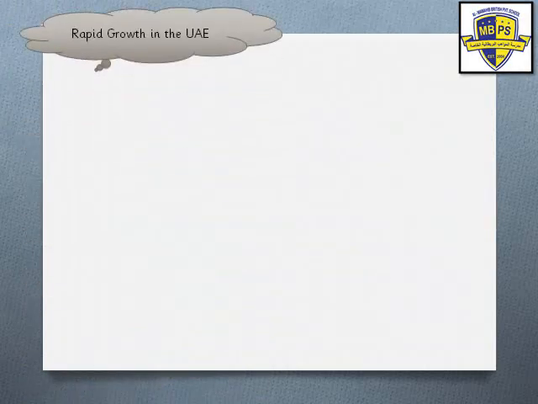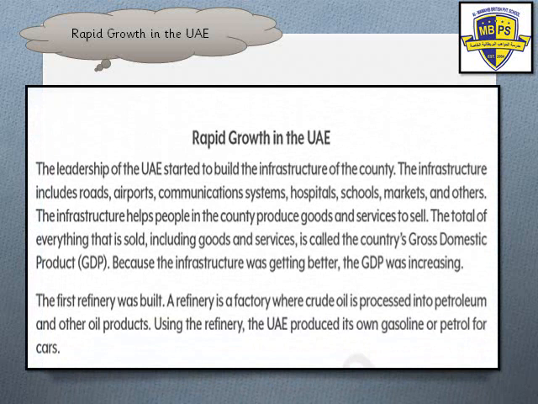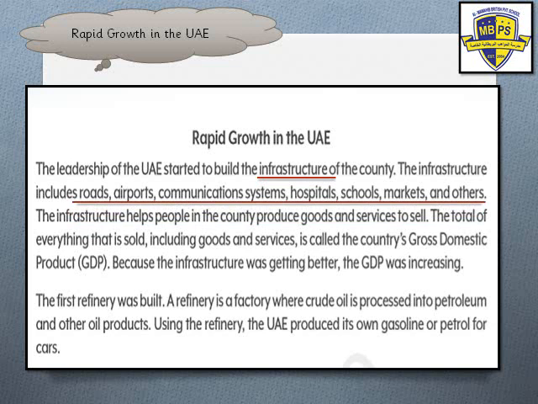So, let us talk about rapid growth in the UAE, fast economic growth in the UAE. The leadership of the UAE started to build the infrastructure of the country. The infrastructure includes roads, airports, communications system, hospitals, schools, markets, and others.